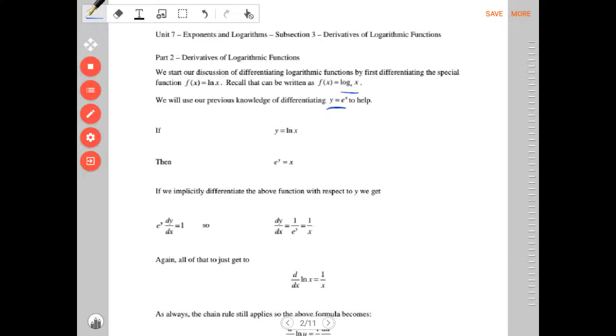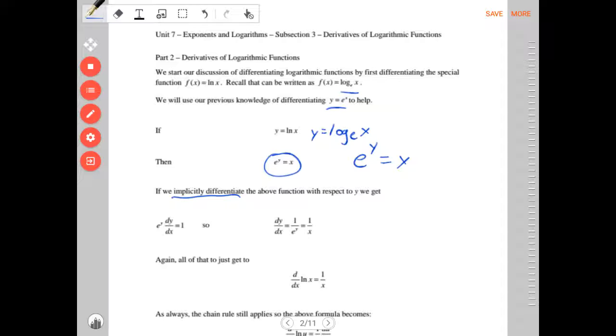So that is log base e of x. And when we rearrange that to exponential form, the e is the base, the y is the exponent, so we get e to the y equals x, which is what I've got written there for you. Now we implicitly differentiate the above function with respect to y.